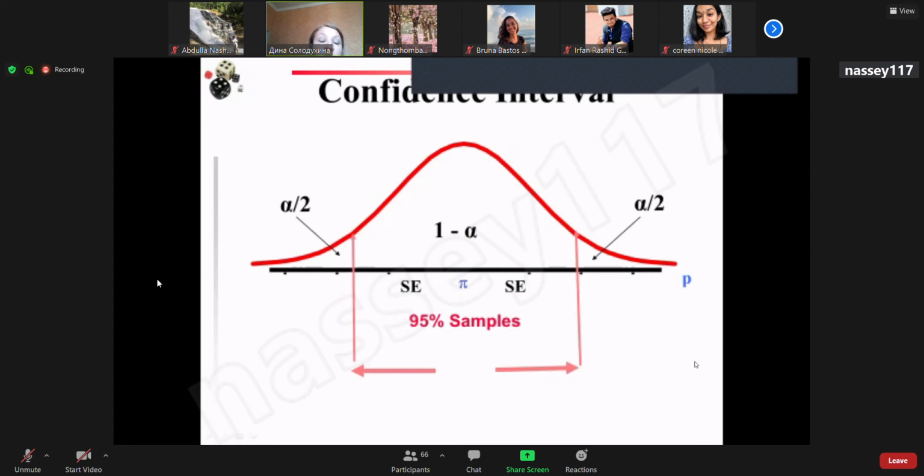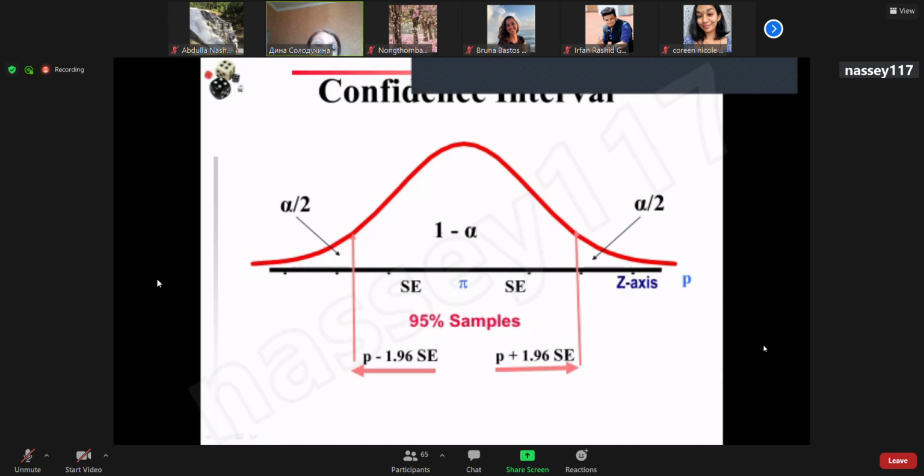So when we have P or proportion, just instead of X in z-axis, we will write P, and the idea is exactly the same. We will write P minus 1.96 times standard error and P plus 1.96 times standard error, and this range will give us confidence interval for estimation of the proportion.